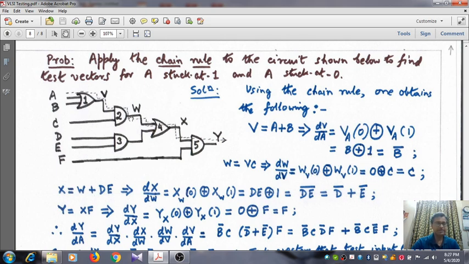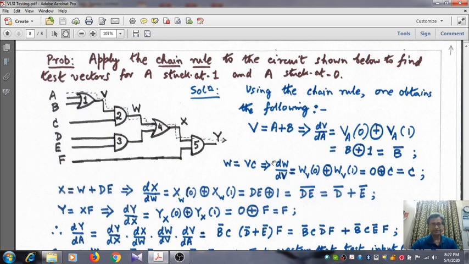Similarly, W is related to V. Actually Y depends on V, W, X, A, B, everything, but we go in a simplified manner. V depends on A, W depends on V, X depends on W, Y depends on X. So dY/dA we can write as dY/dX Boolean ANDed with dX/dW, ANDed with dW/dV, ANDed with dV/dA. That's why we first find dV/dA.